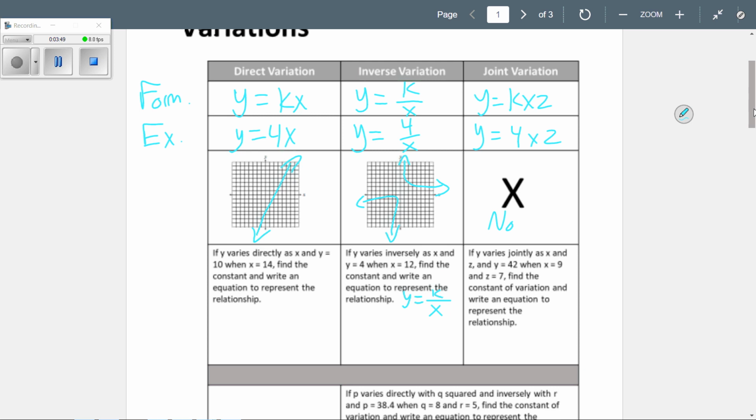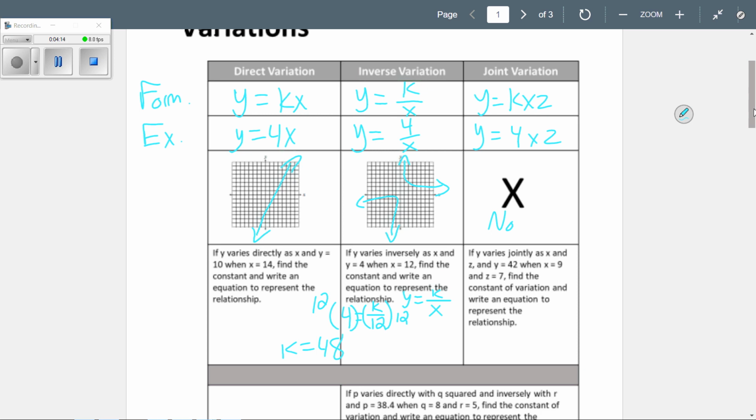Alright, so let's rewrite it how we see it. We know y equals 4, so 4 equals k over 12. So we're obviously solving for k. How do we get k by itself? Multiply by 12, multiply the other side by 12. 4 times 12 is 48, so obviously k equals 48.